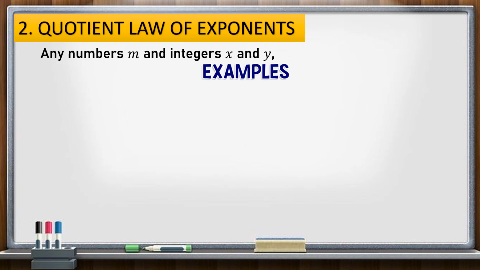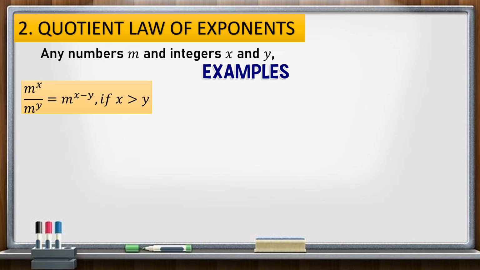Okay? Next, we have the quotient law of exponents. It says that for any number m and integers x and y, we will have three different cases or situations wherein you have to know kung saan mo siya i-apply, depende po sa sitwasyon at depende po sa kung ano po yung given na expressions.